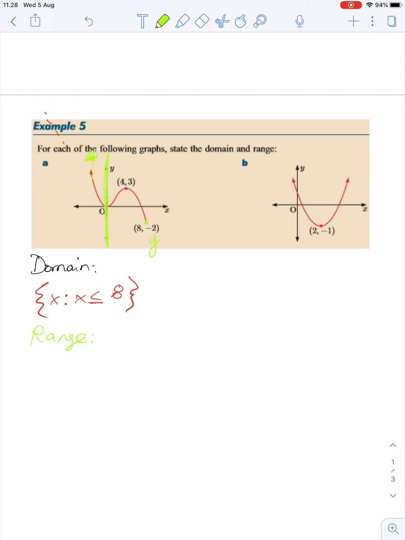So I'm curious about my y values. It starts at -2, and it continues to go up and up. So my range is the set of all y's, the colon means such that, y is greater than or equal to -2.